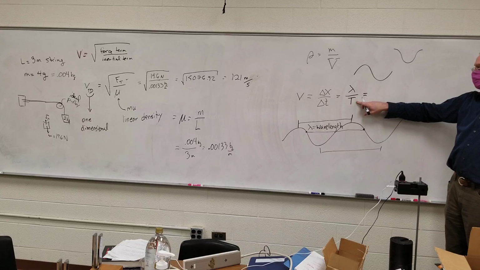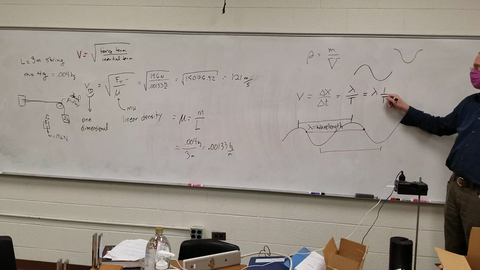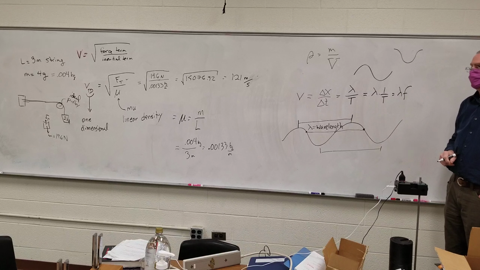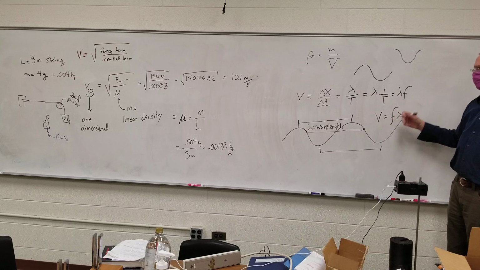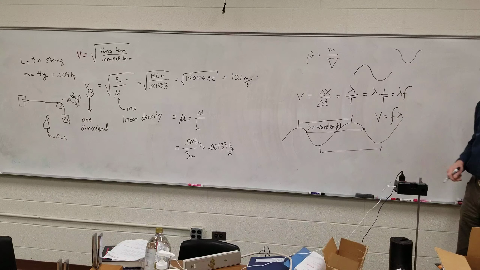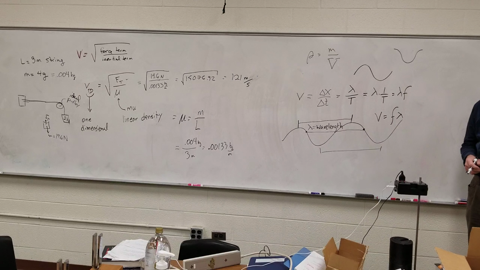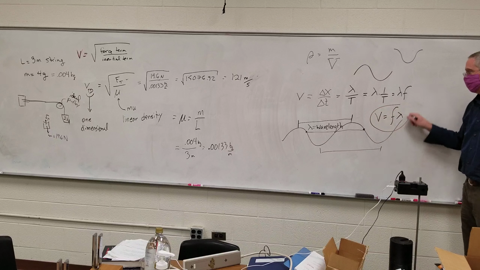Now, this period right here is just 1 over the frequency. This is lambda times 1 over the period, which is lambda times the frequency. I usually write f first, either one. So I can find the speed of a wave generically, any type of repetitive motion wave, such as with a string vibrator here, with this formula.